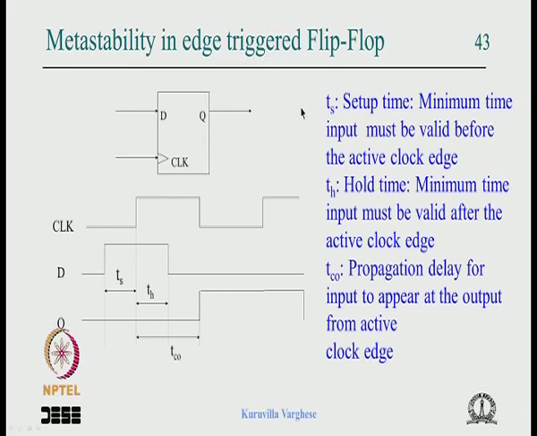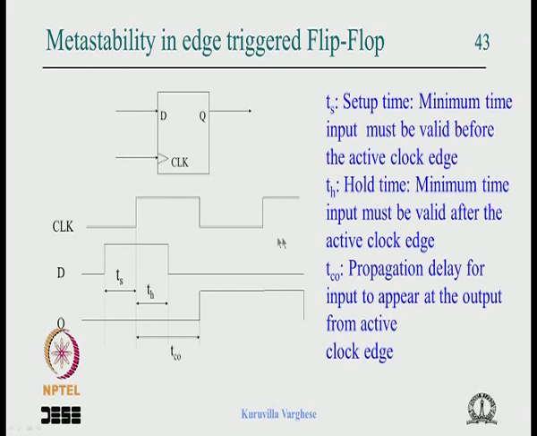That is another issue which is already bad, because in a register to register path we say T clock is greater than TCQ plus T com plus T setup, and we have fixed the maximum TCQ. Now if it takes a long time to resolve, that will violate the setup time at the destination flip flop, and that can cause metastability there. So this whole game can propagate from one flip flop to the other, it's very bad.